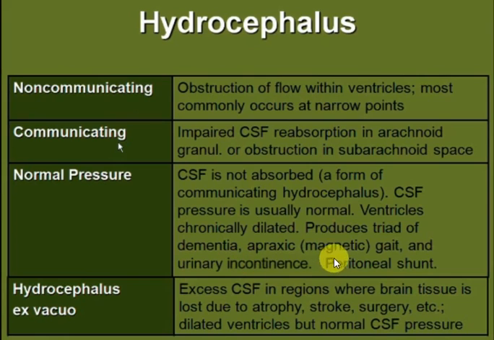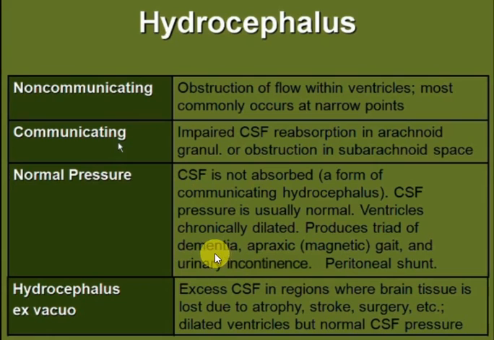The solution is a peritoneal shunt. The urinary incontinence is because the neurons which control the bladder are present near some part of the lateral ventricle.